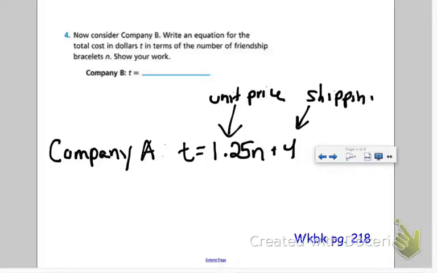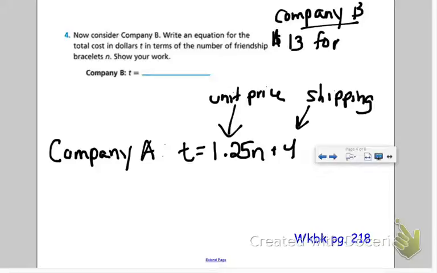So if you look at Company B, if you remember, Company B was charging $13. Wow, I'm going off the page here. Sorry about that. Company B was charging $13 for 10 bracelets.